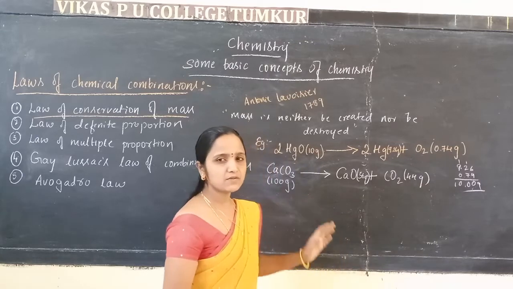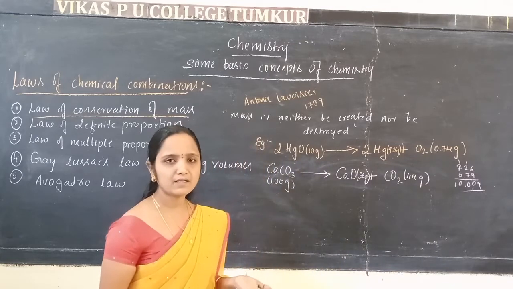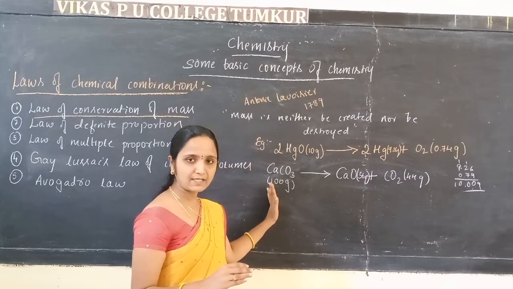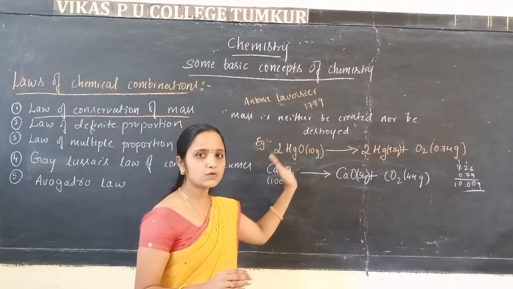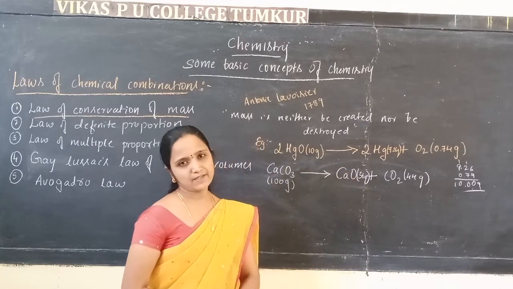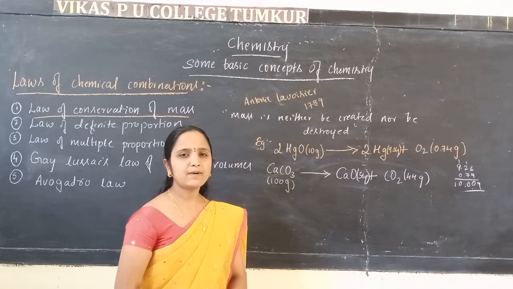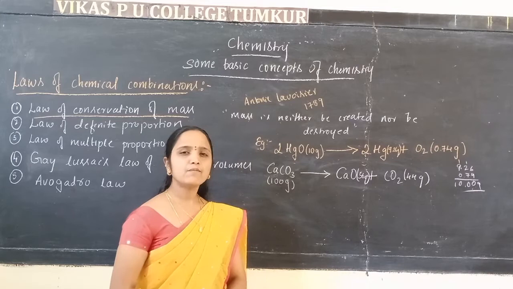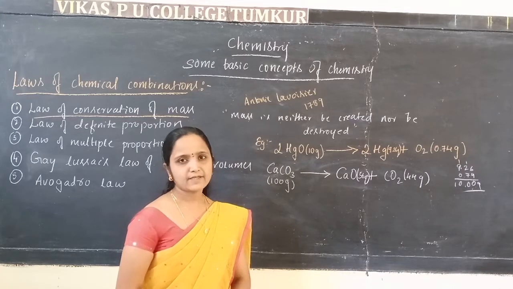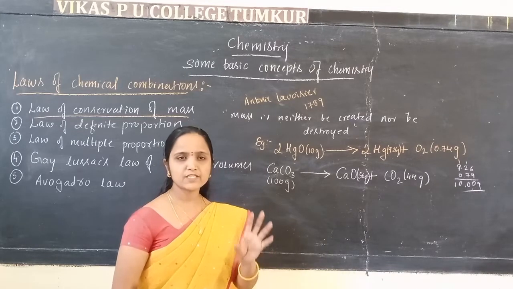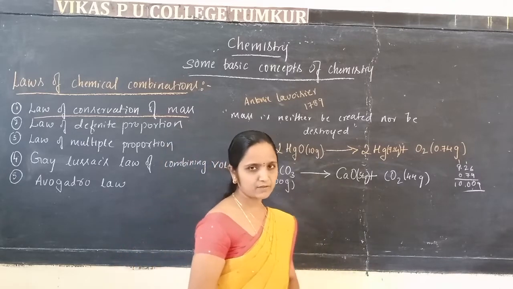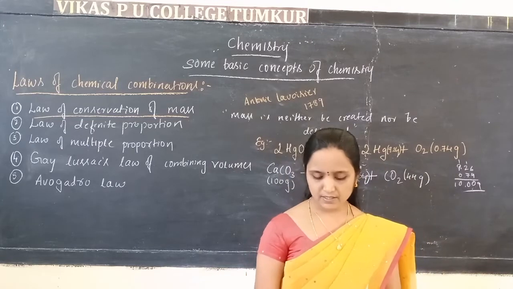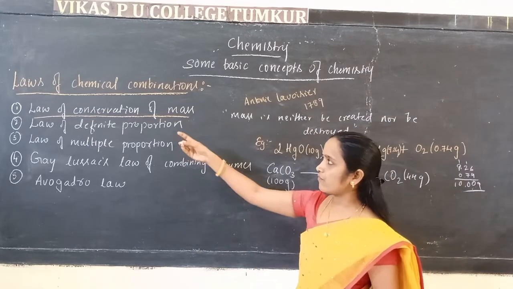Here mass is not created and not destroyed. The mass of the reactants is always equal to the mass of the products. Mass can never be destroyed or created. This is the law of conservation of mass.